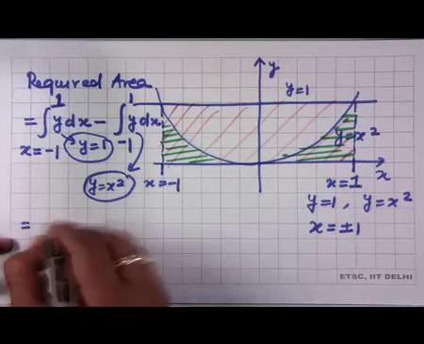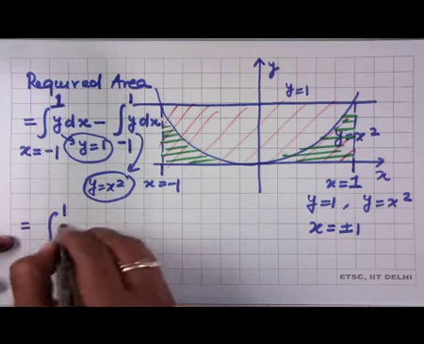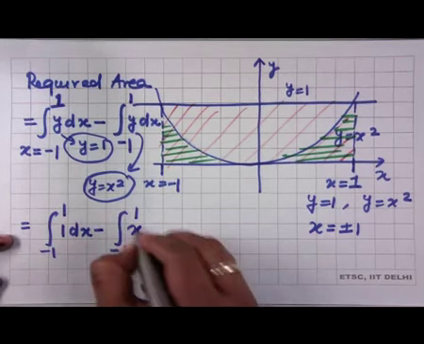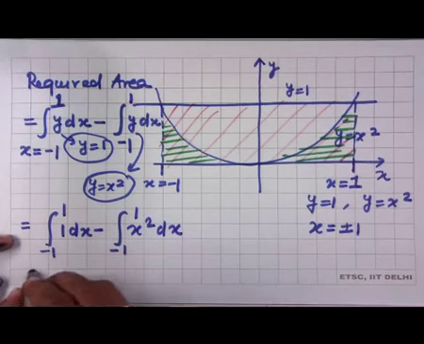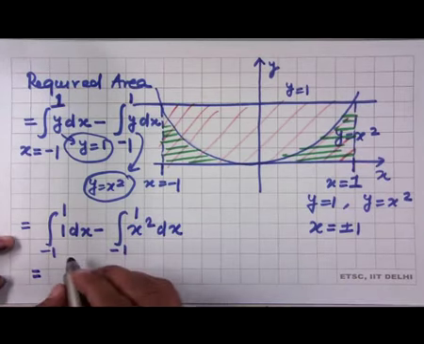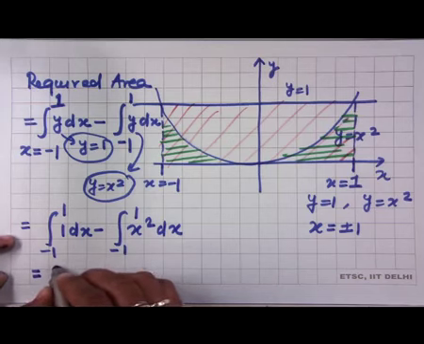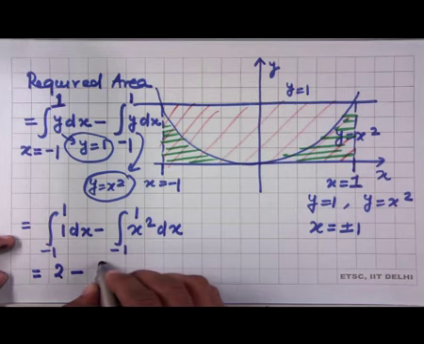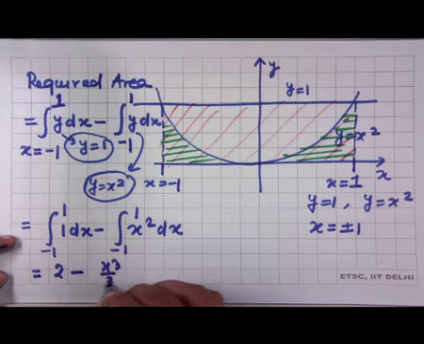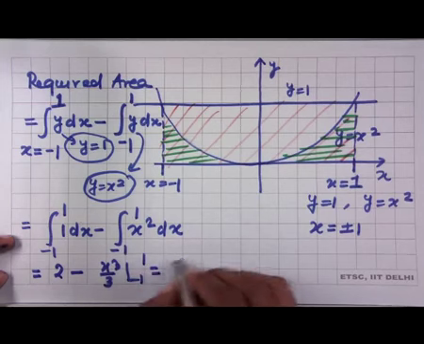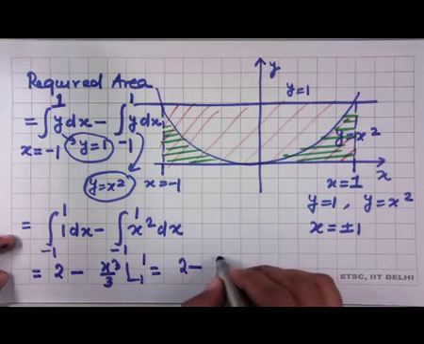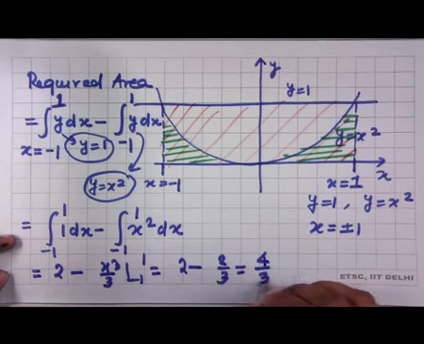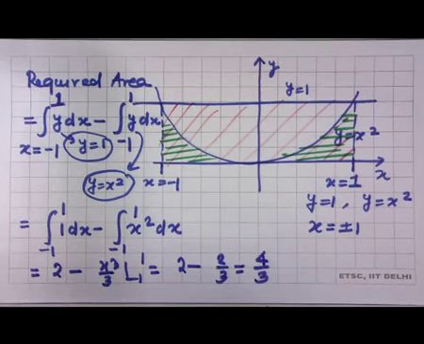So, the required area is the integral from minus 1 to 1 of dx minus the integral from minus 1 to 1 of x square dx. So, this is equal to 2 minus x cube by 3 from minus 1 to 1. So, 2 minus 2 by 3, which is again equal to 4 by 3, same as the previous calculation.